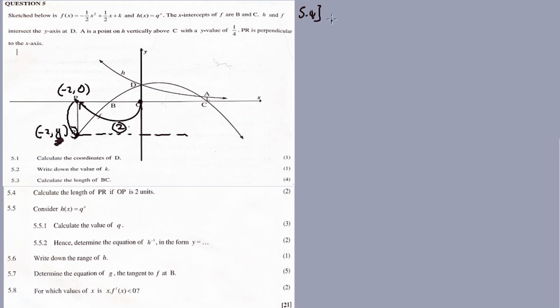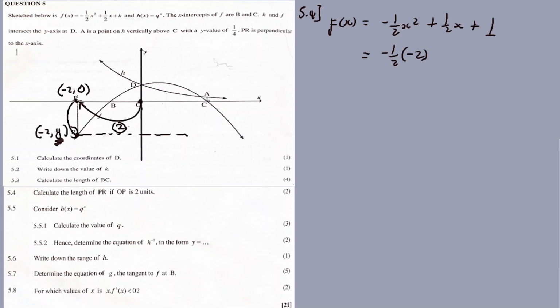So now I do this: I take f of x, which is minus 1 over 2 x squared plus 1 over 2 x, what is k? Oh, it's plus 1. So you calculate here this one equal to minus 1 over 2 times negative 2.